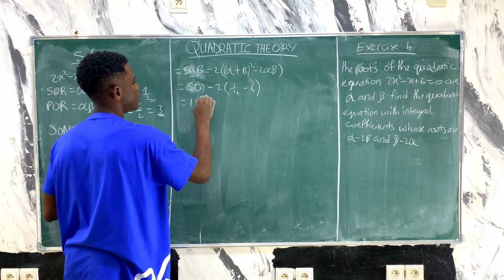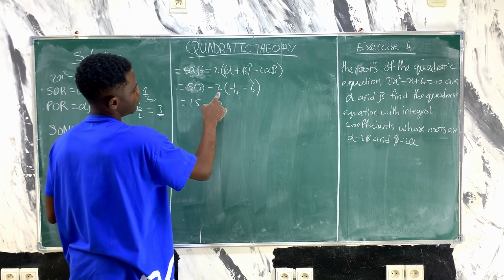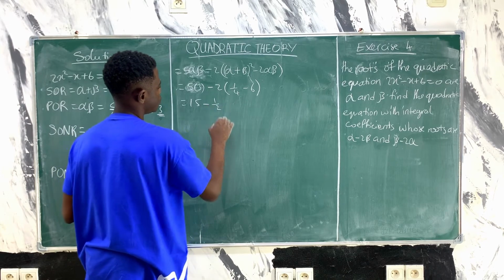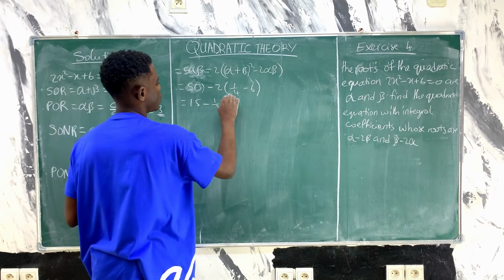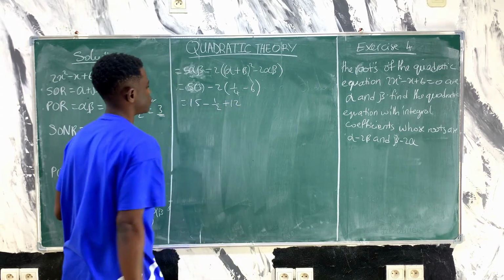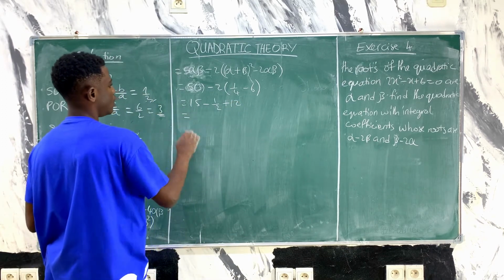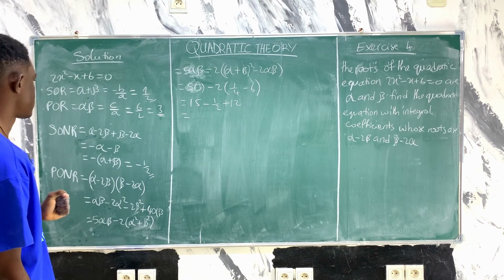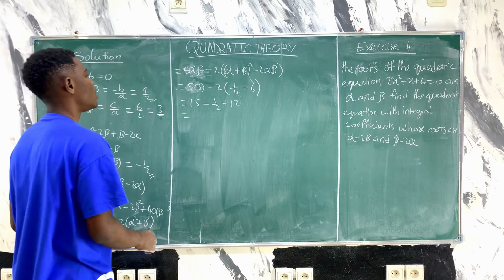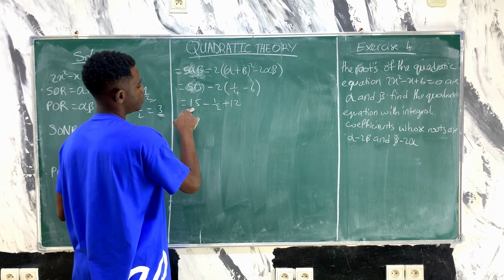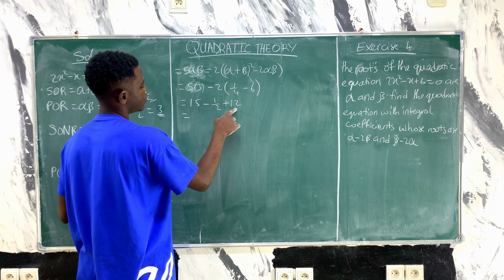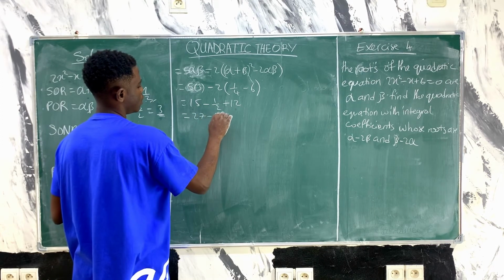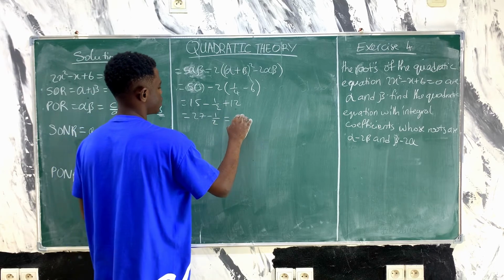So I'll have 15 minus, multiplying minus 2 times this, plus 12. That will be equal to 15 plus 12 is 27, minus half.